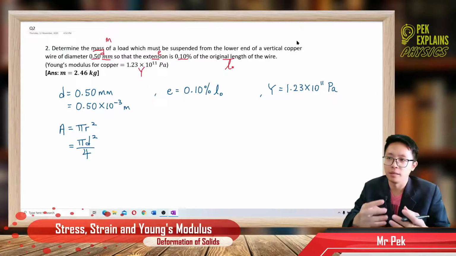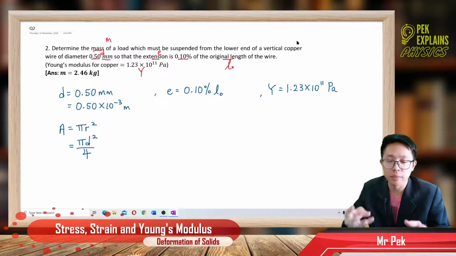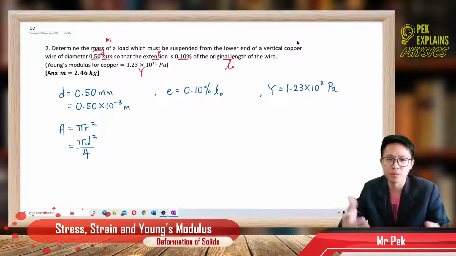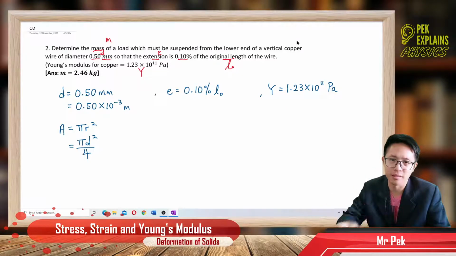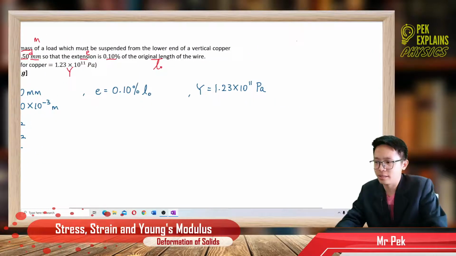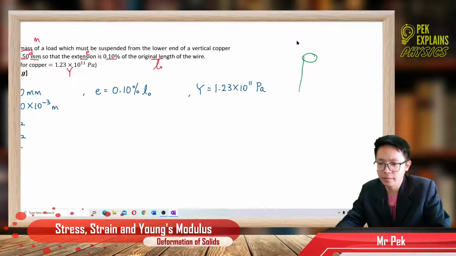If no shape is given, means by default it is a circle. Okay, because we know that any wire must be a circle, isn't it? So the wire is this one. Okay, so we need to find this area.